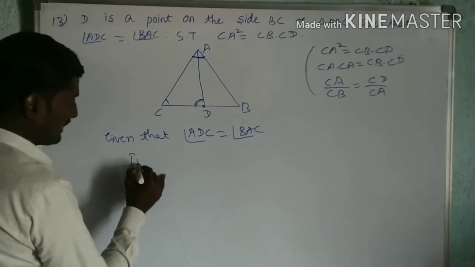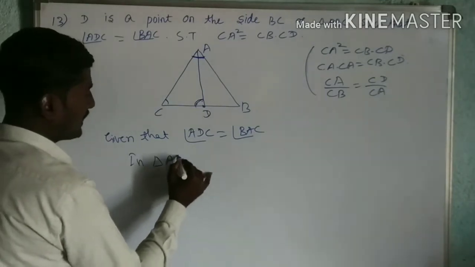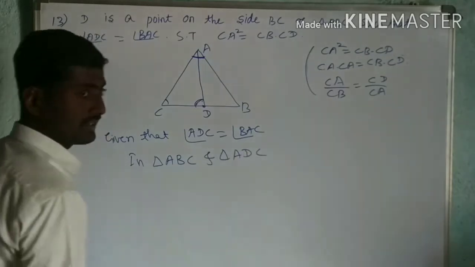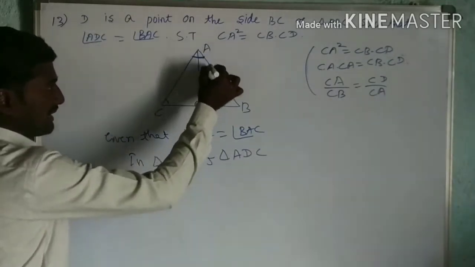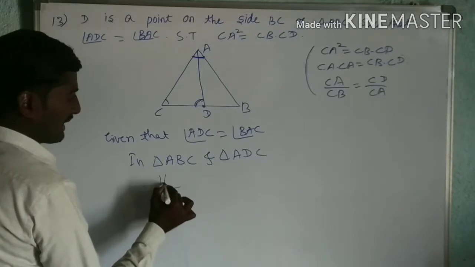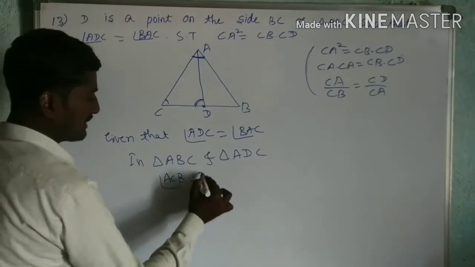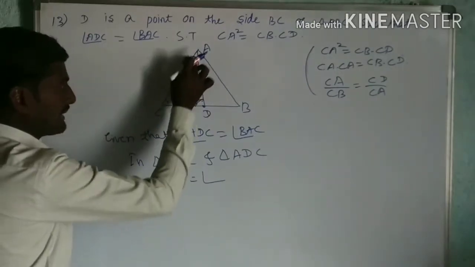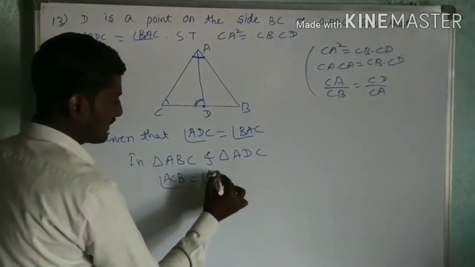Now, in triangle ABC and triangle ADC, angle ACB is equal to angle ACD.